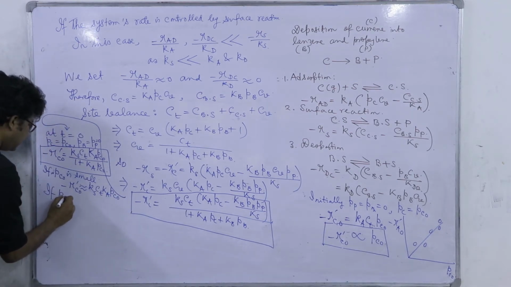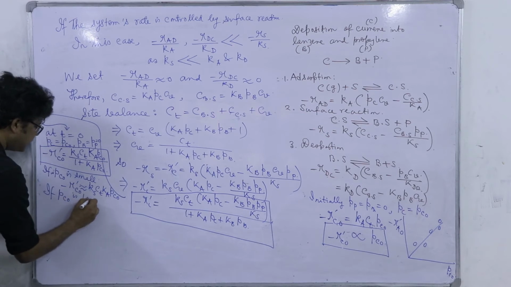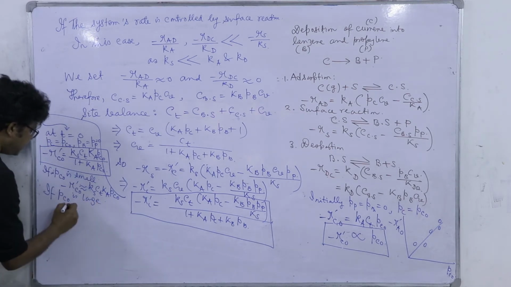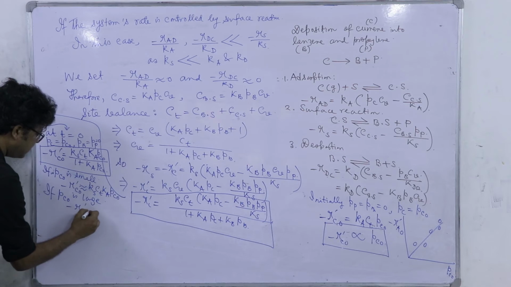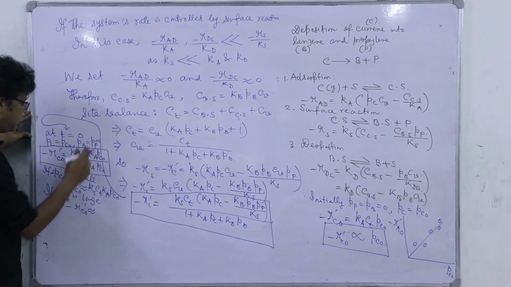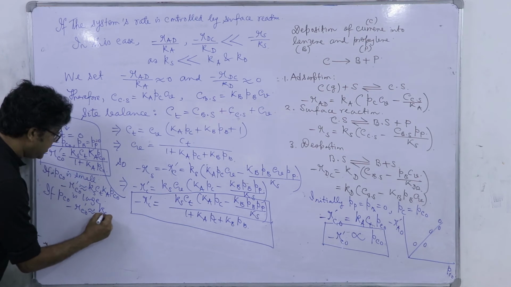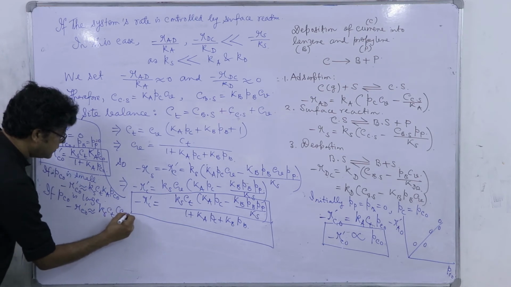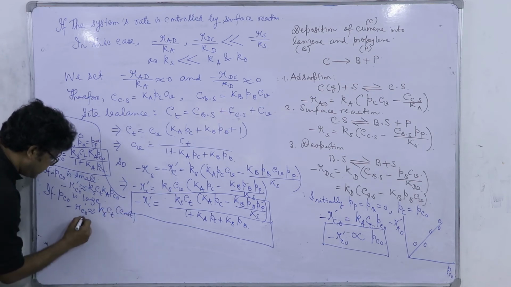Alternatively, if Pc0 is large, then the 1 can be neglected, Pc0 cancels out, Ka is also cancelling out, leaving Ks into Ct. So, this is constant, right.